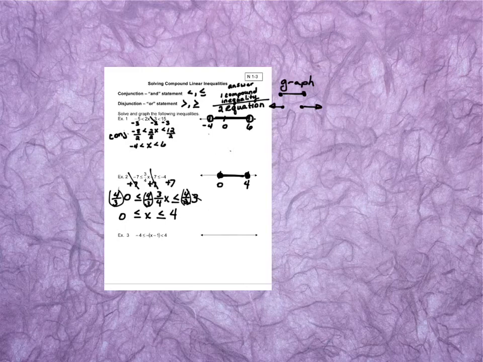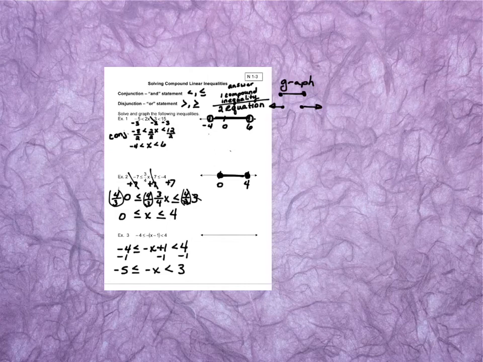Alright, on the example 3, this is the last conjunction we have. We have -4 is less than or equal to -X plus 1 is less than 4. We have to go ahead and distribute that negative. Now subtract 1 across those inequalities, and we have -5 is less than or equal to -X, which is less than 3.